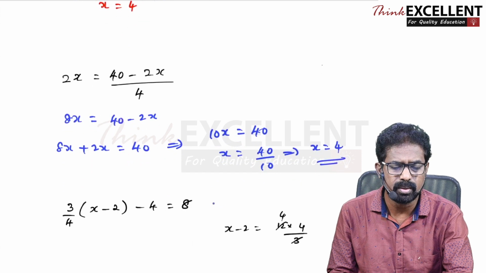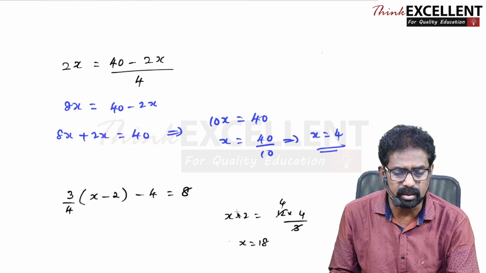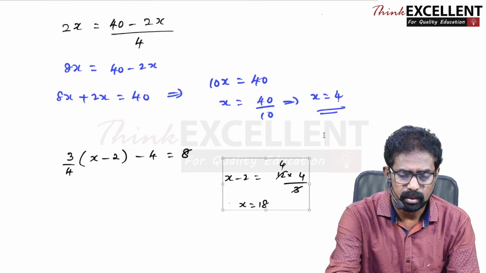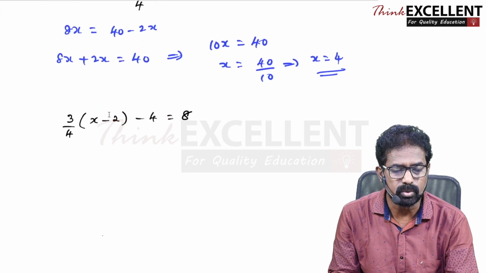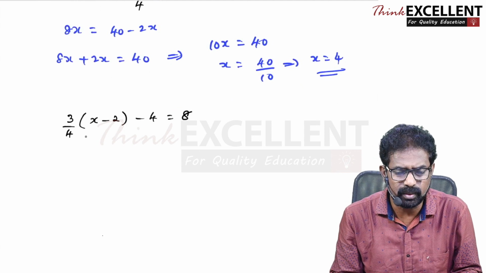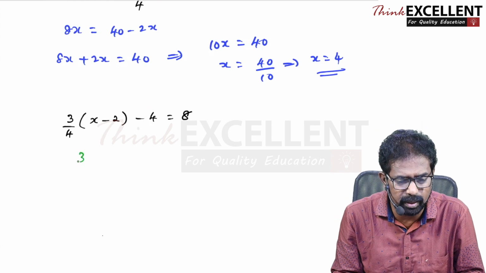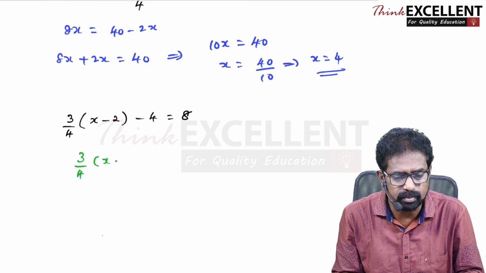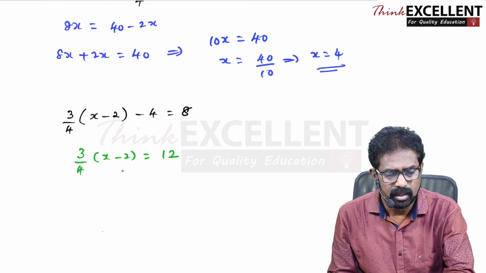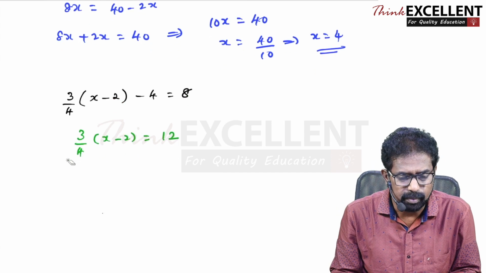Suppose you have a question like this. It says 3 by 4 into x minus 2, minus 4 equal to 8. Now let us see how to solve this. First you take this constant minus 4 to the right side. So what you get? 3 by 4 into x minus 2 equal to 8 plus 4. 8 plus 4 is 12. Now this 4, you take that side, or you multiply both sides by 4, right?